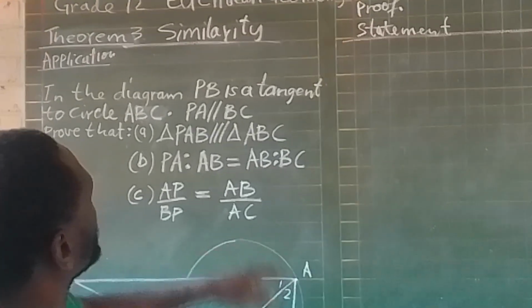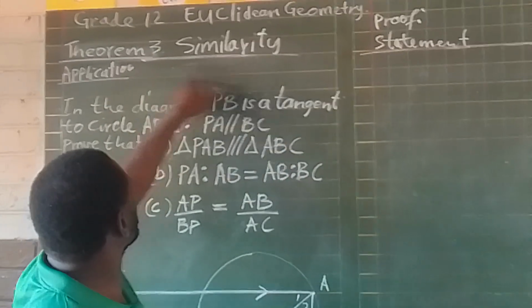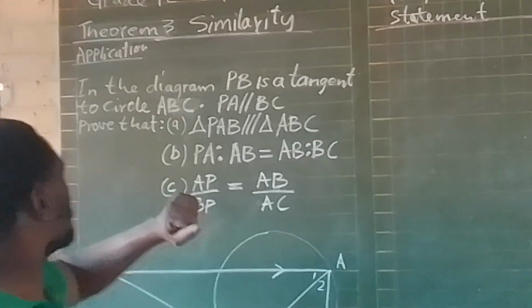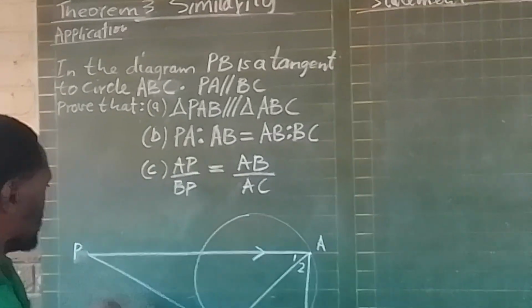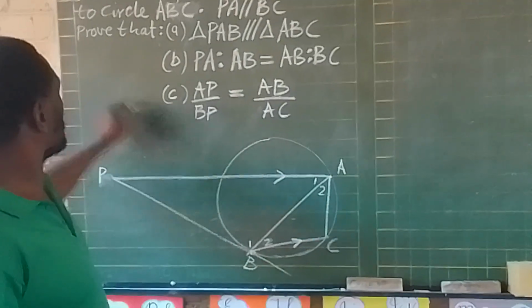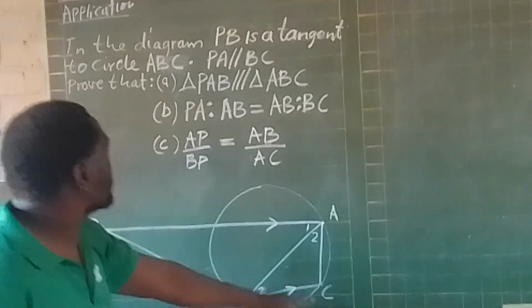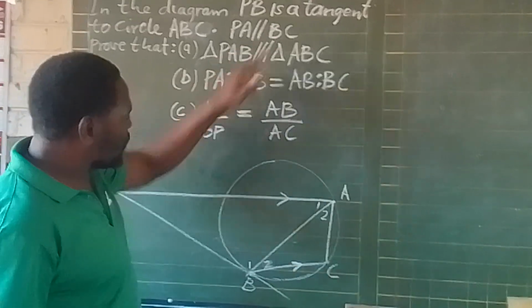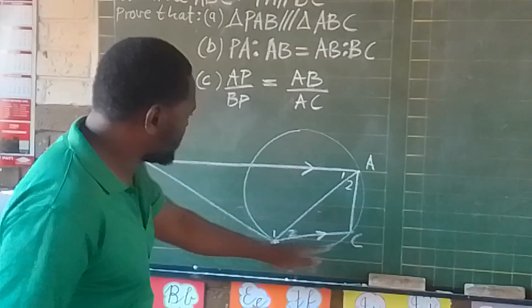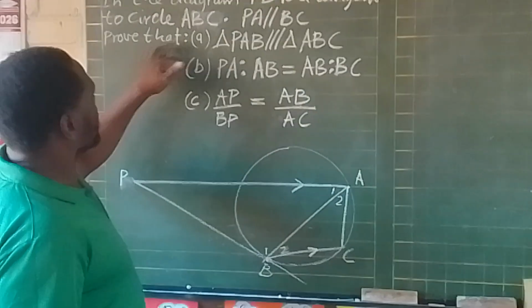We are still busy with Euclidean Geometry and we are doing Theorem 3, which is a similarity application. You are given in the diagram that BP is a tangent to circle ABC, and PA is parallel to BC, as you can see in the diagram.